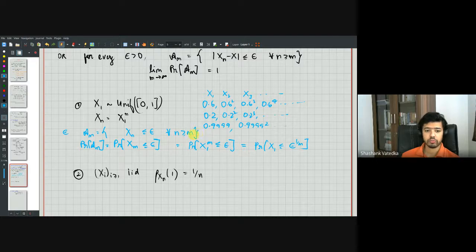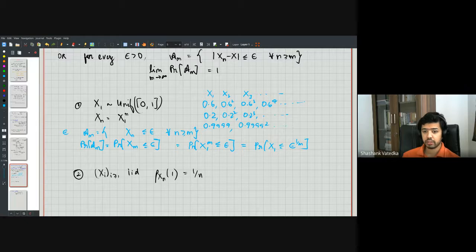I want to find the probability of the event AM, and we've just seen that the probability of the event AM is equal to the probability that the random variable x1 is less than or equal to epsilon raised to 1 over m.